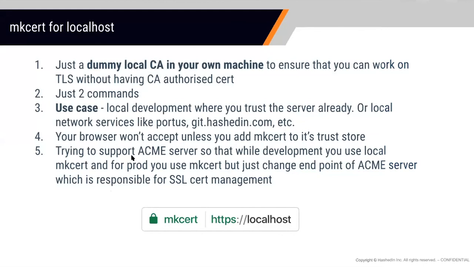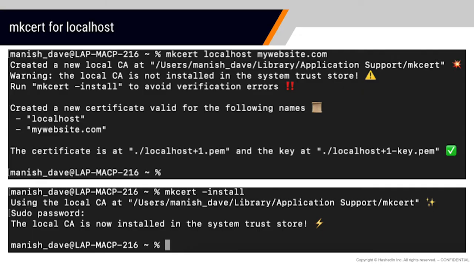This again is going towards supporting Let's Encrypt, so that you can have your own CA. We talked about two commands through which you can use mkcert. With this command, you give localhost and any DNS name you want for that server.